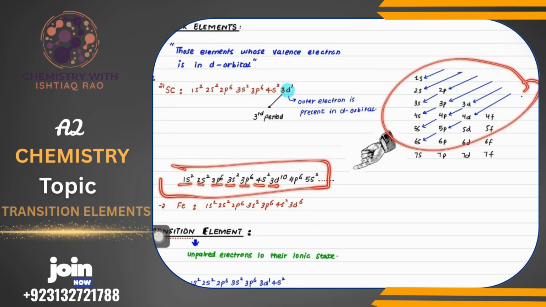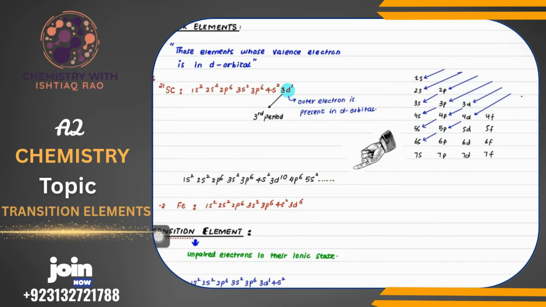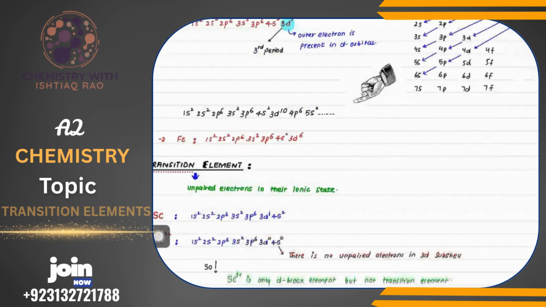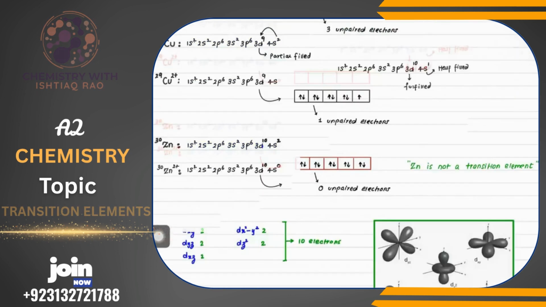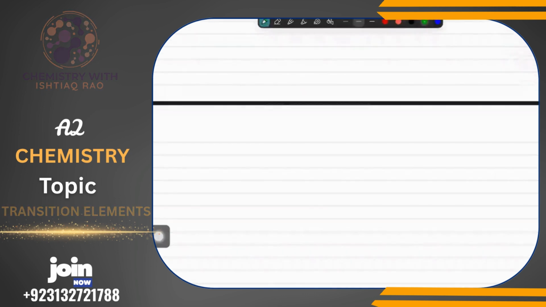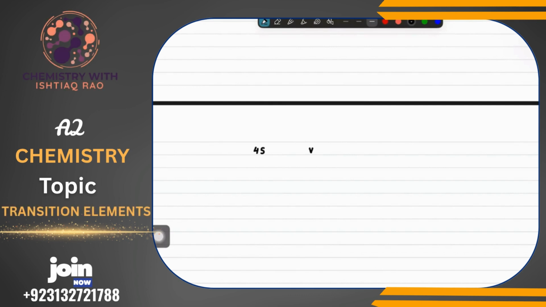In the original configuration, d is coming after 4s, but in reality, 4s comes after 3d. So I have to explain 4s versus 3d.